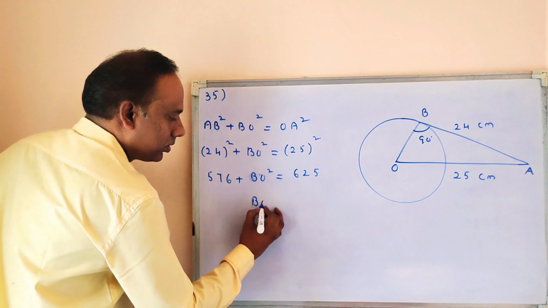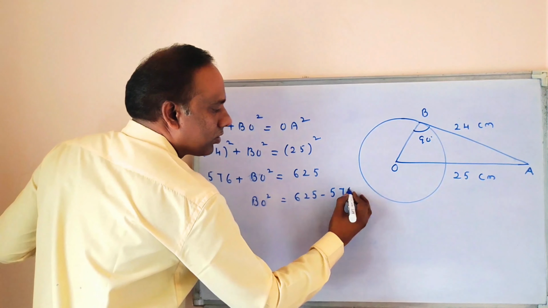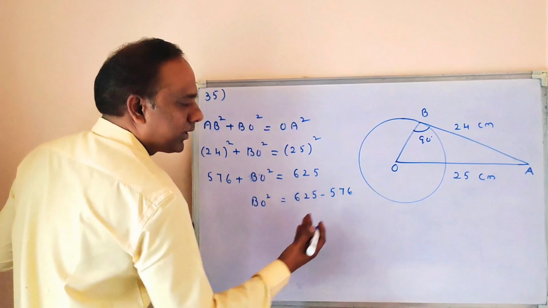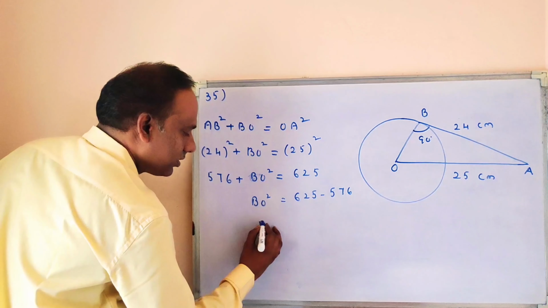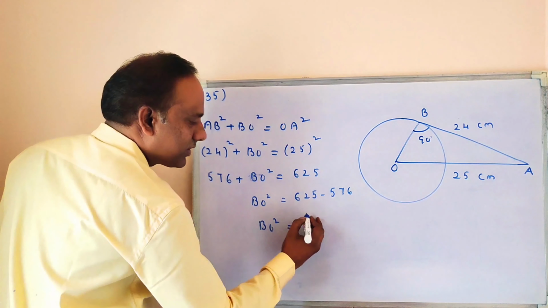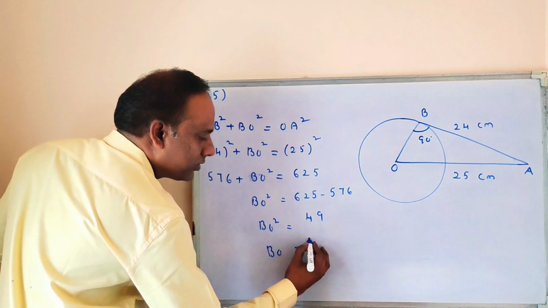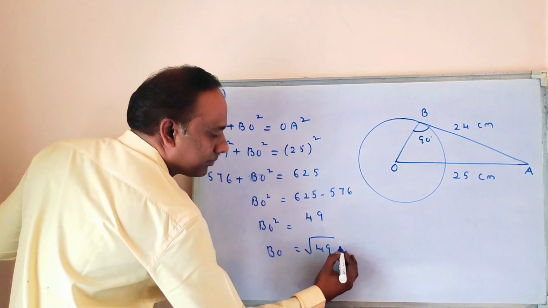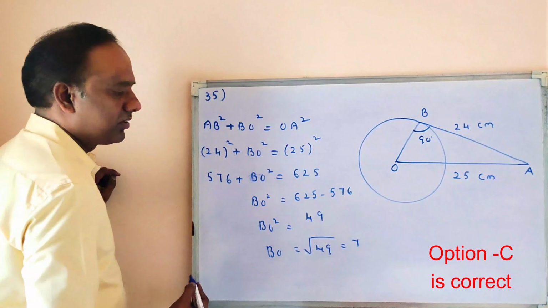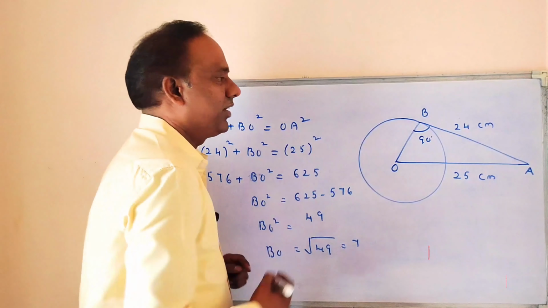So BO square is equal to 625 minus 576, taking it to the right side. So BO square is equal to 625 minus 576, which is 49. So BO is equal to root of 49, that means 7. So radius OB is equal to 7 centimeters.